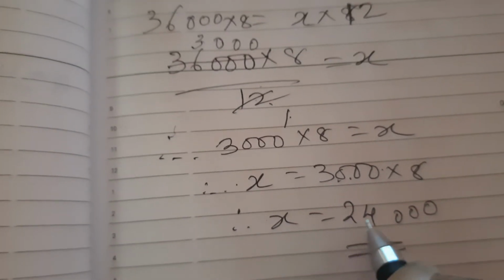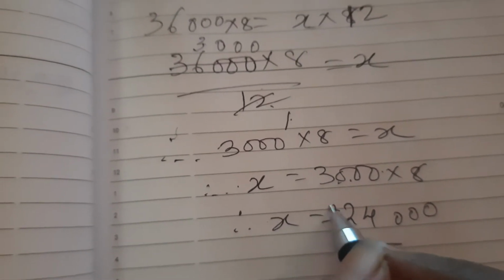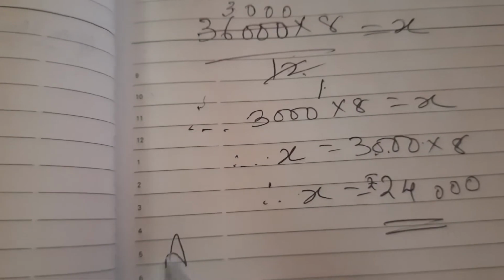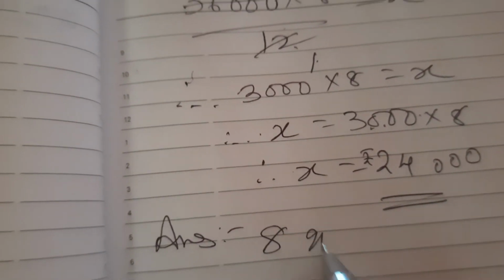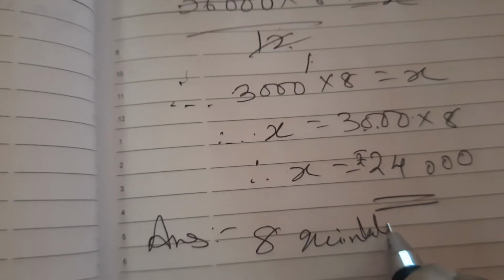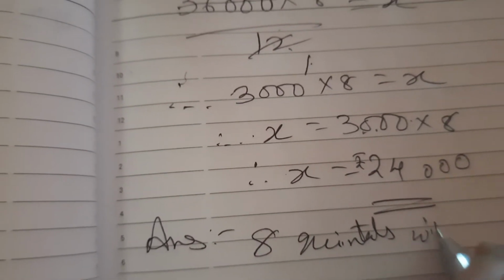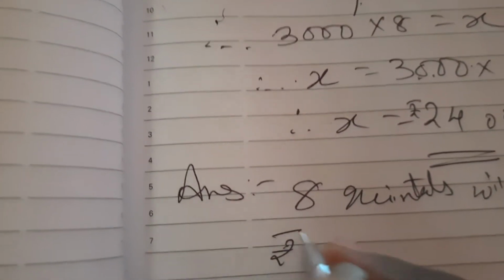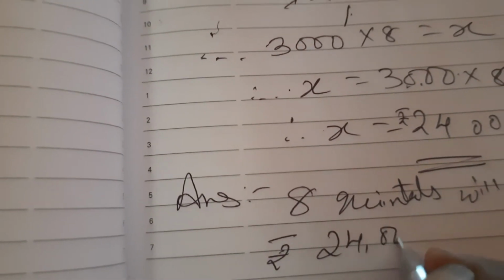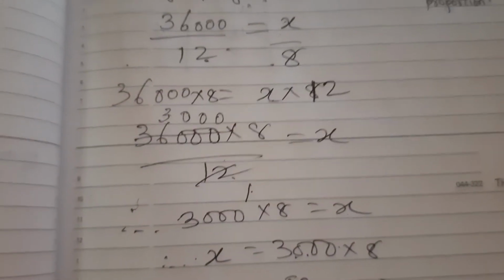So 24,000 rupees, children. So therefore our answer will be 8 quintals will cost rupees 24,000. Hope this is very clear and understood by all.